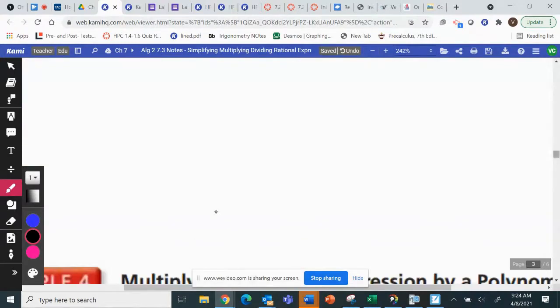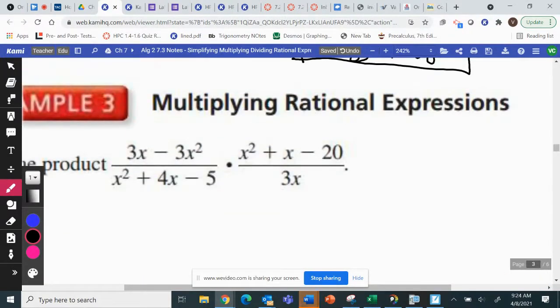Okay. Multiplying when we have polynomials rather than just monomials. Polynomials have multiple terms. Factor first. Factor.